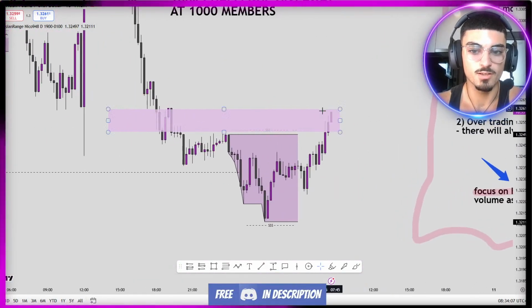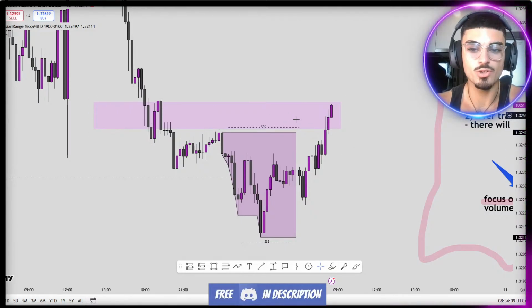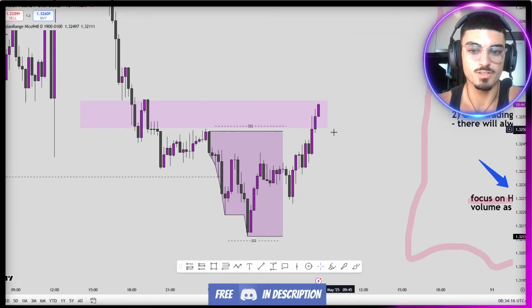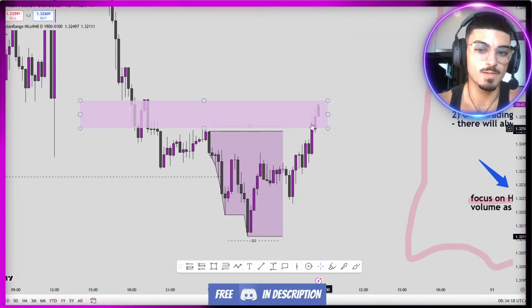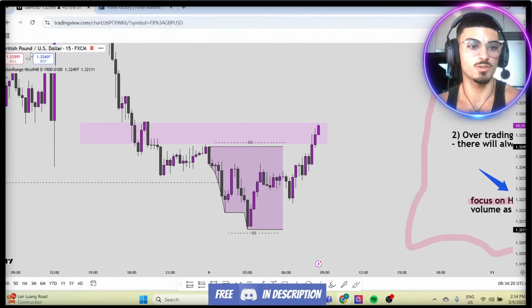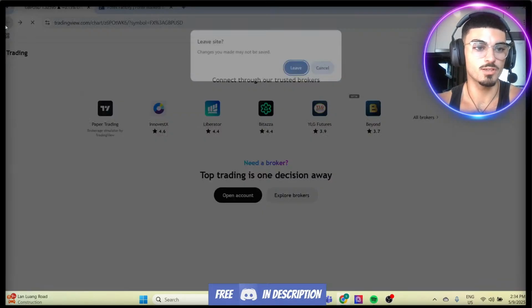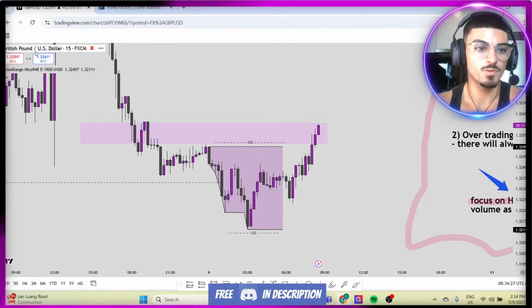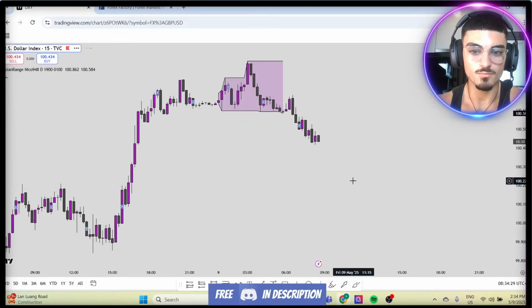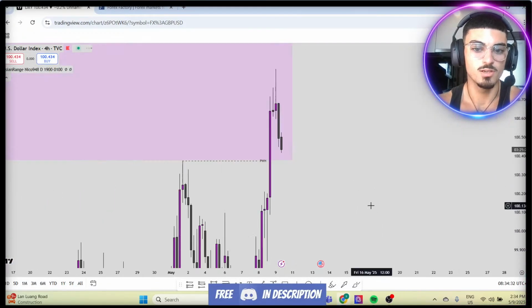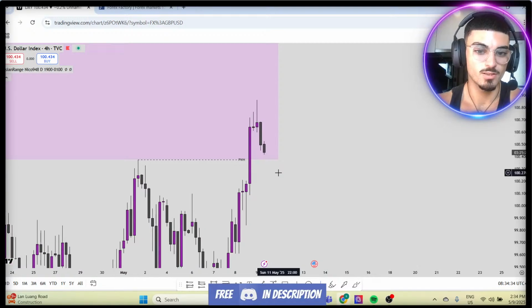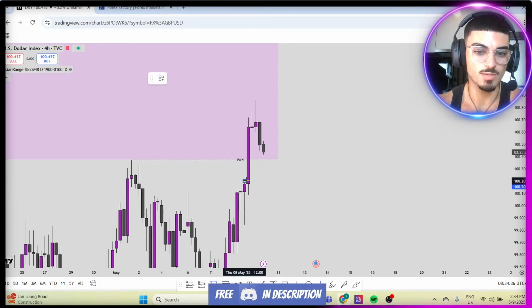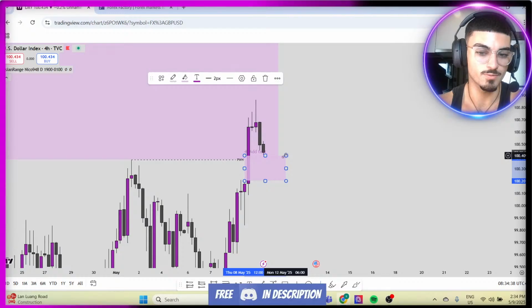You can see here that I marked this zone out, but I didn't trade it, okay, because it didn't look like it was getting respected at all. So I didn't want to risk it, and as you can see, it didn't get respected, and the reason why is because if you look here on DXY, the 4-hour candle looks really, really bearish here, and I think it's probably going to keep on pushing towards this fair value gap here to fill the whole thing.